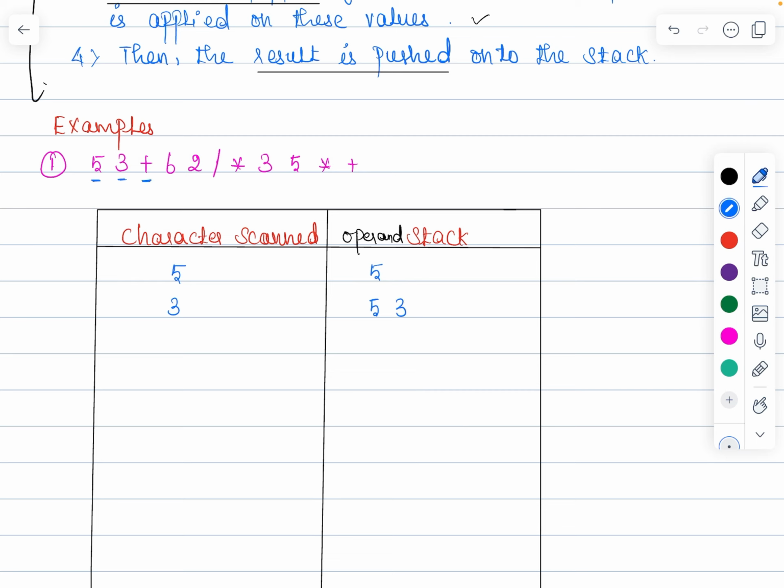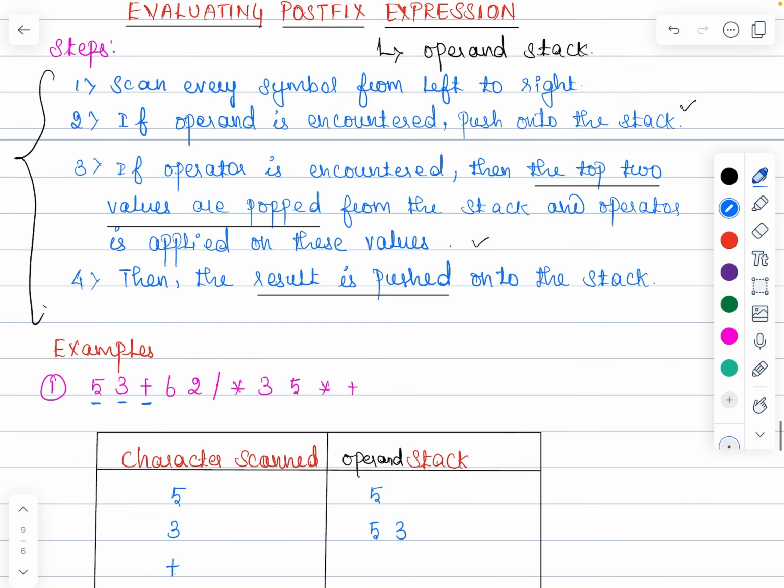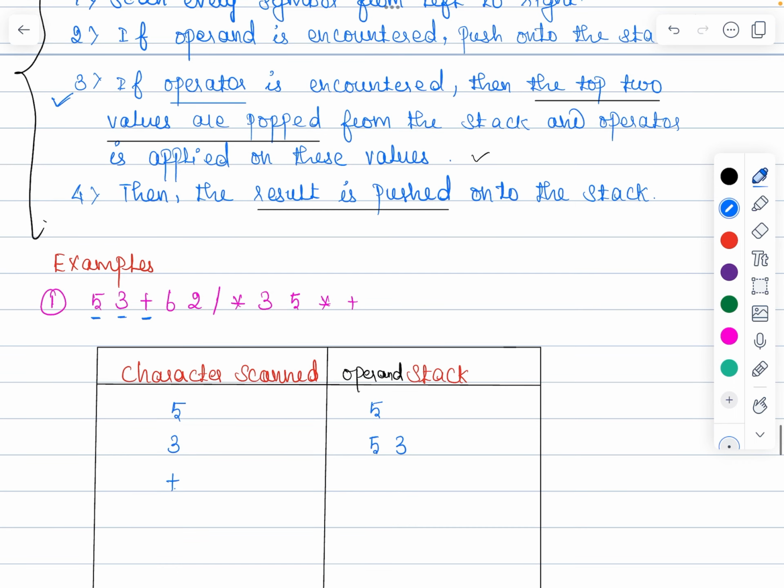The next character is an operator. If an operator is encountered, then the top two values are popped from the stack. The top element is 3, so pop out 3 first, and then 5 would be the top element, so pop out 5 also.